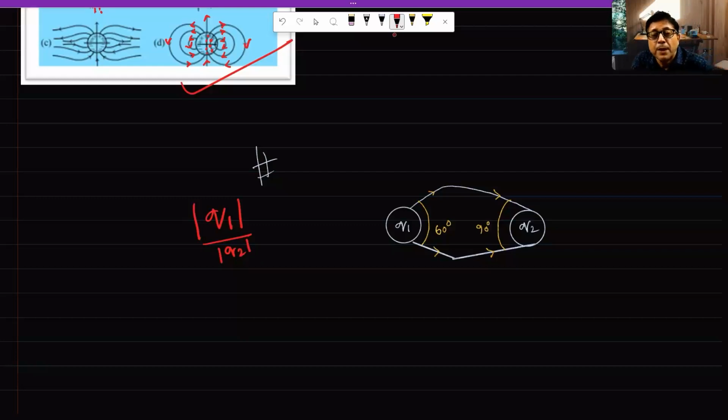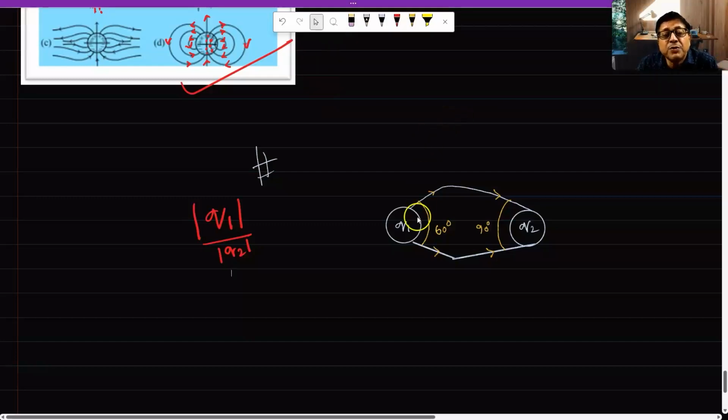Okay. This comparison can be done quickly if we just remember a very simple fact that lines of forces from a charge, an isolated charge, can be drawn isotropically. I mean, they extend in all directions. Symmetry should be there.